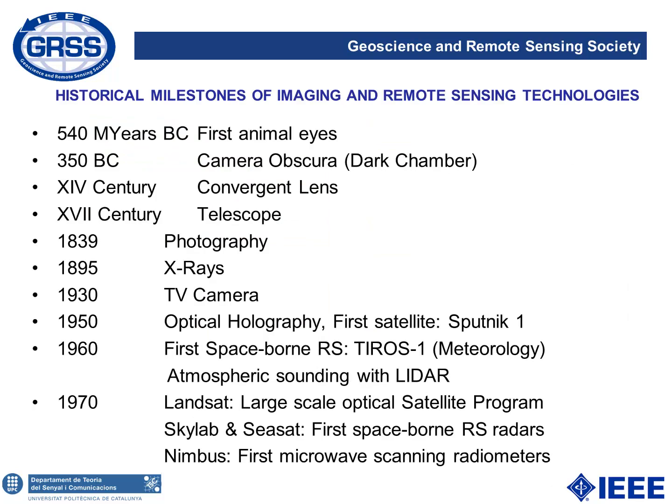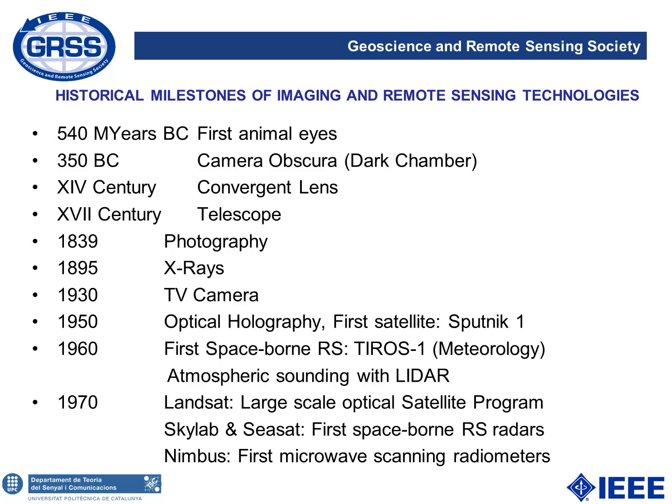This slide shows some historical milestones of imaging and remote sensing technologies. The first milestones are important steps in imaging, from early imaging devices like the camera obscura, the invention of the convergent lens, telescopes, and the first photographic emulsion able to register images, and X-rays as a first example of a non-visible or non-optical portion of the electromagnetic spectrum being used for imaging.